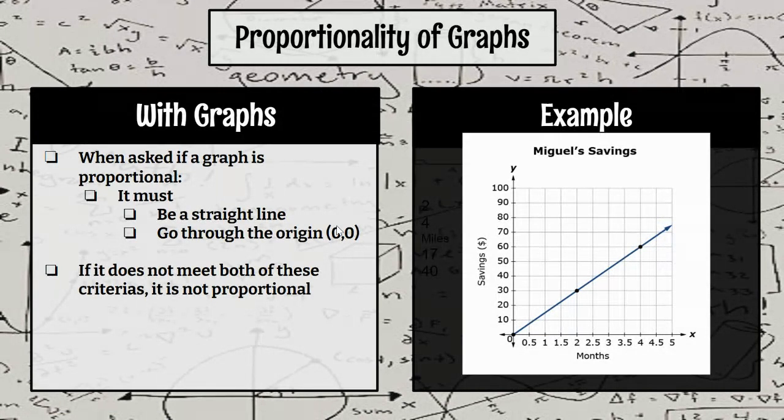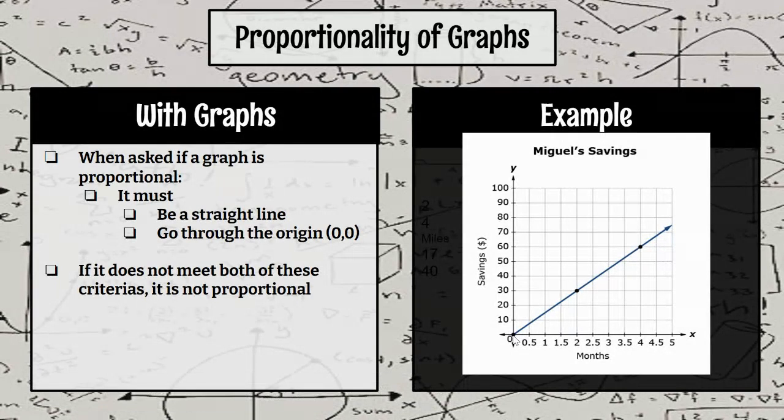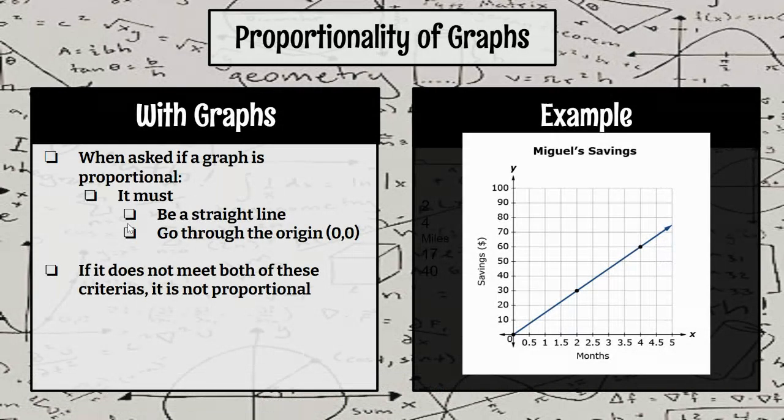The origin is a fancy way of saying the point 0, 0. So if it starts at 0 and it's a straight line, then it's proportional. If it doesn't have one or both of these, it is not proportional.